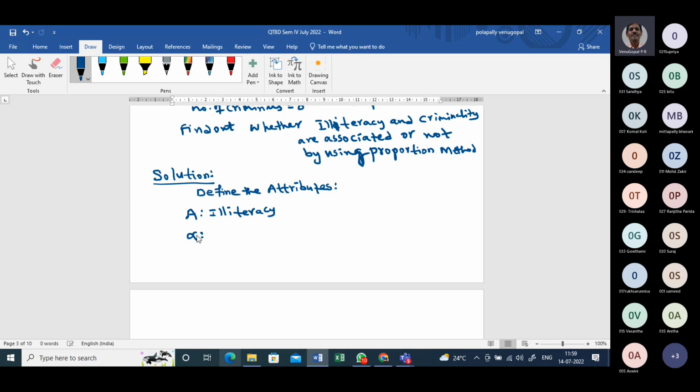Alpha stands for literacy. Correct or wrong? Criminality. Beta stands for non-criminality. I don't know if the English is right or wrong. Please take it down.